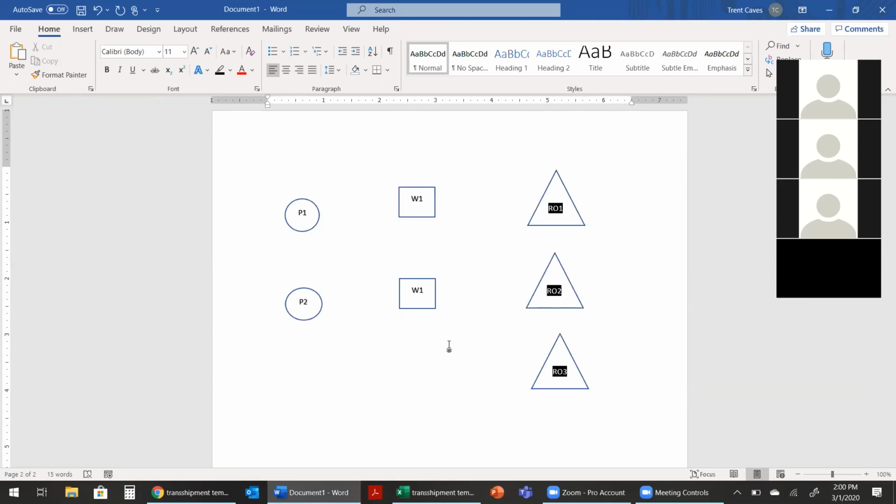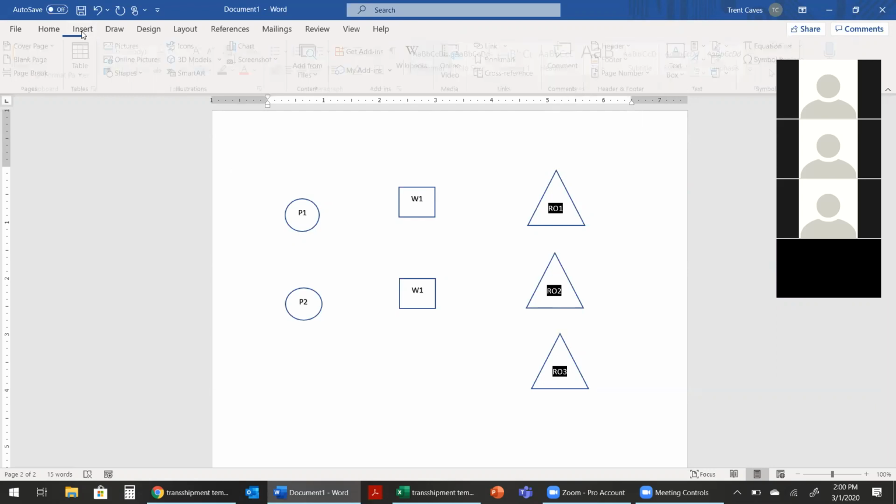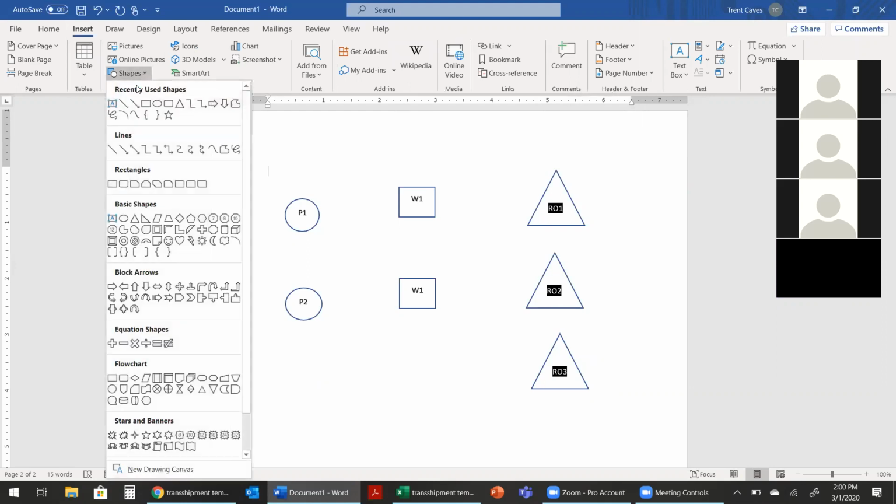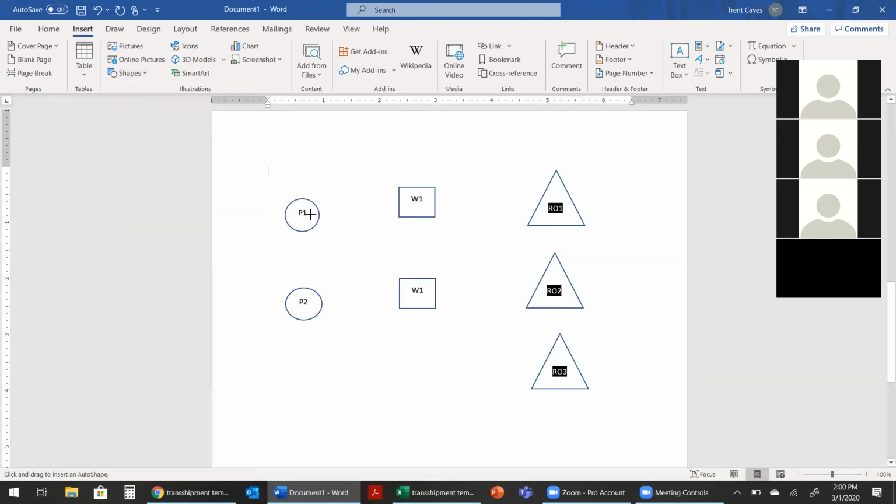Once you have your icons for your different units, we need to show our connections. And we're going to do this with just arrows. So plant 1 will distribute to warehouse 1.